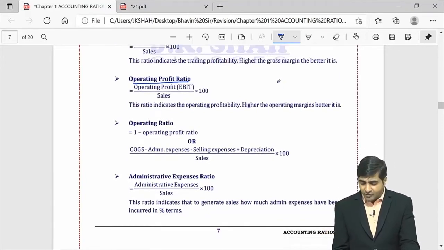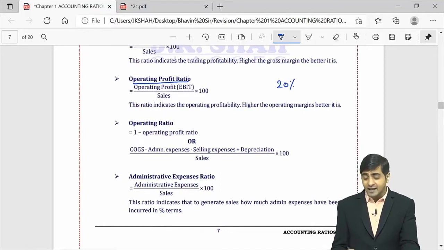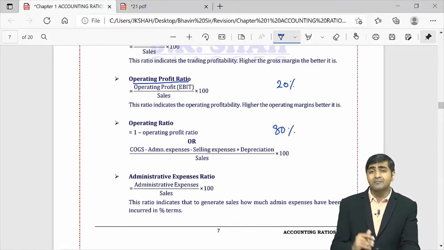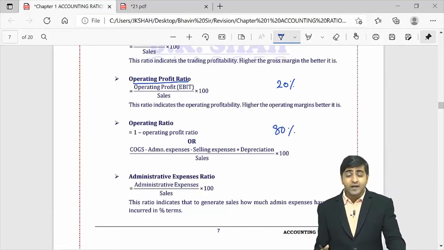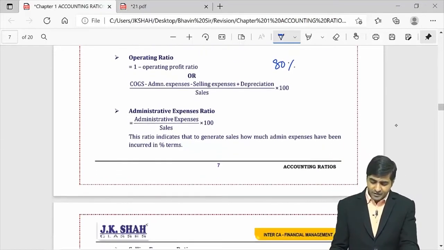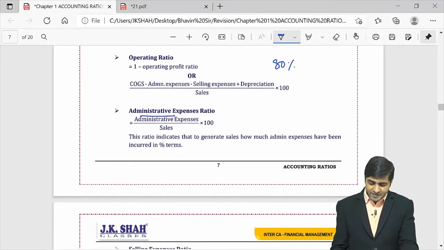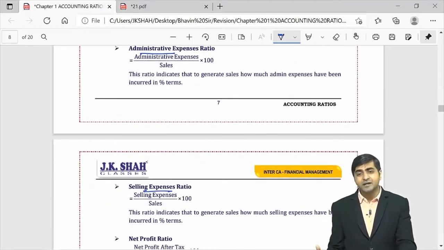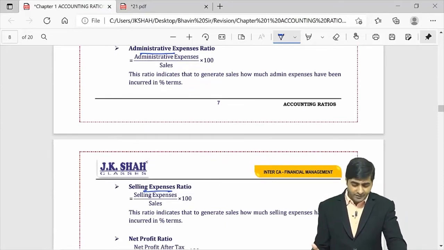And guys, suppose your operating profit ratio is 20%, then can I say your operating ratio will be 80%? So 1 minus operating profit ratio will give you your operating ratio. All the other ratios like admin expense ratio and selling expense ratio, we are going to take the respective expenditure and divide that by sales into 100.